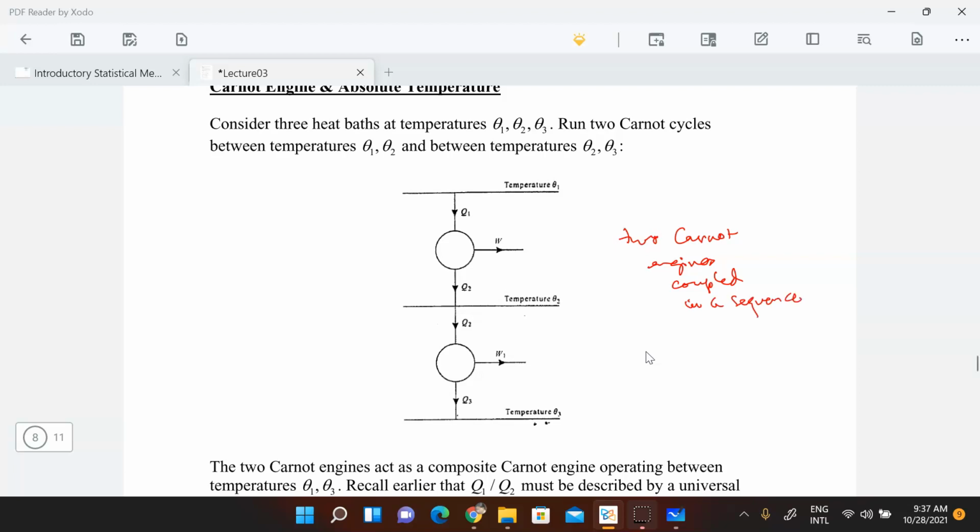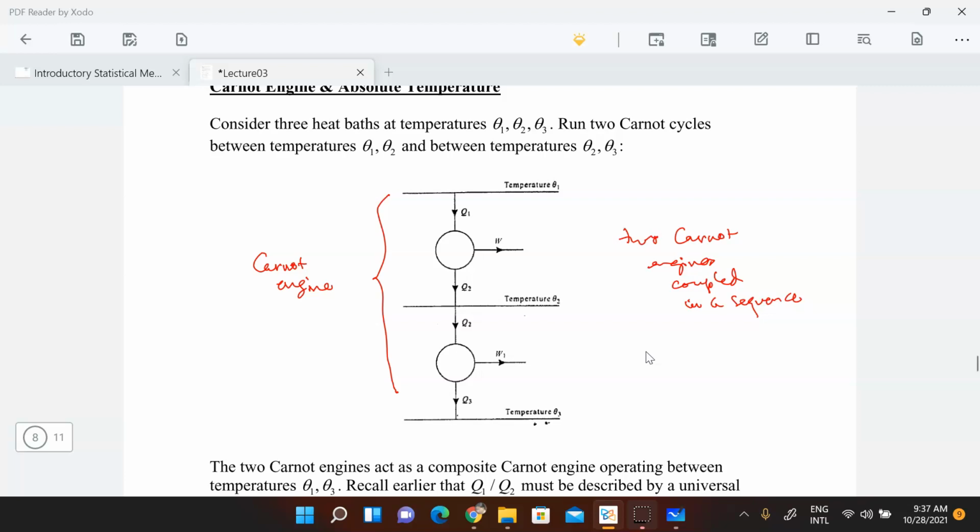So effectively, I can think of the whole thing as another Carnot engine. Here I'm thinking of one Carnot engine operating between theta1 and theta2, and then sequentially another Carnot engine linking theta2 with theta3.